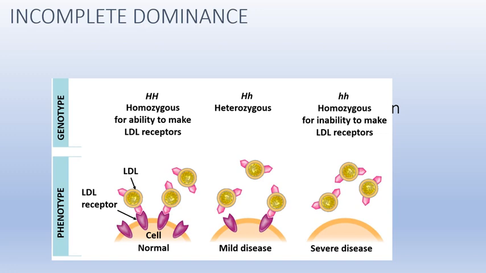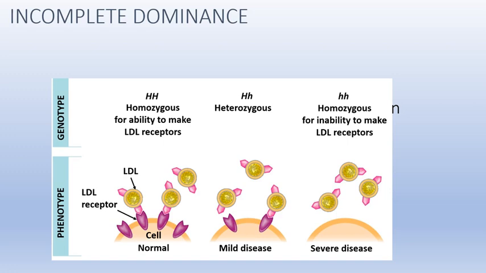Humans have a few systems of incomplete dominance. This is true for the genes that control cholesterol management in your body. Your cells, especially the ones in the liver, make proteins that go into the cell membranes and attach to LDL, which is a type of cholesterol. It's a low-density lipoprotein.